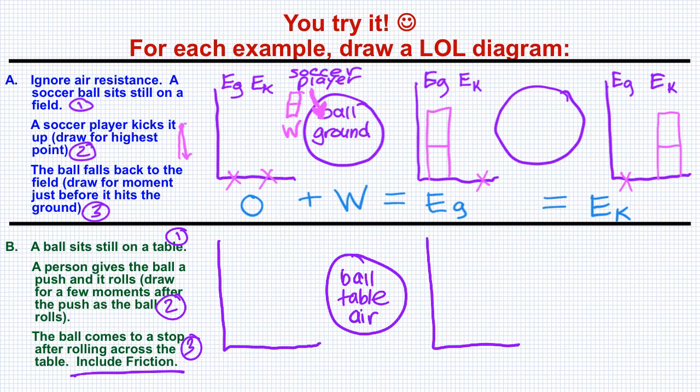I'm going to put the hand outside of the system. And then when I look at where I'm storing energy in those snapshot moments, well, I definitely have a ball that's moving, so I'm going to have kinetic energy. I'm going to assume my tabletop is gravitational zero because the ball is not going to fall through the table.